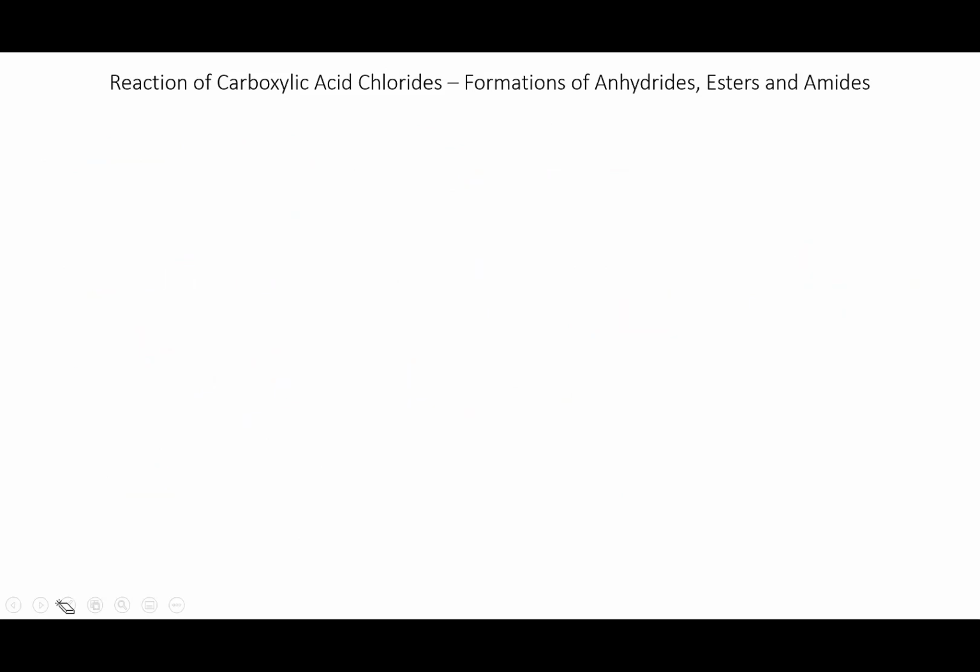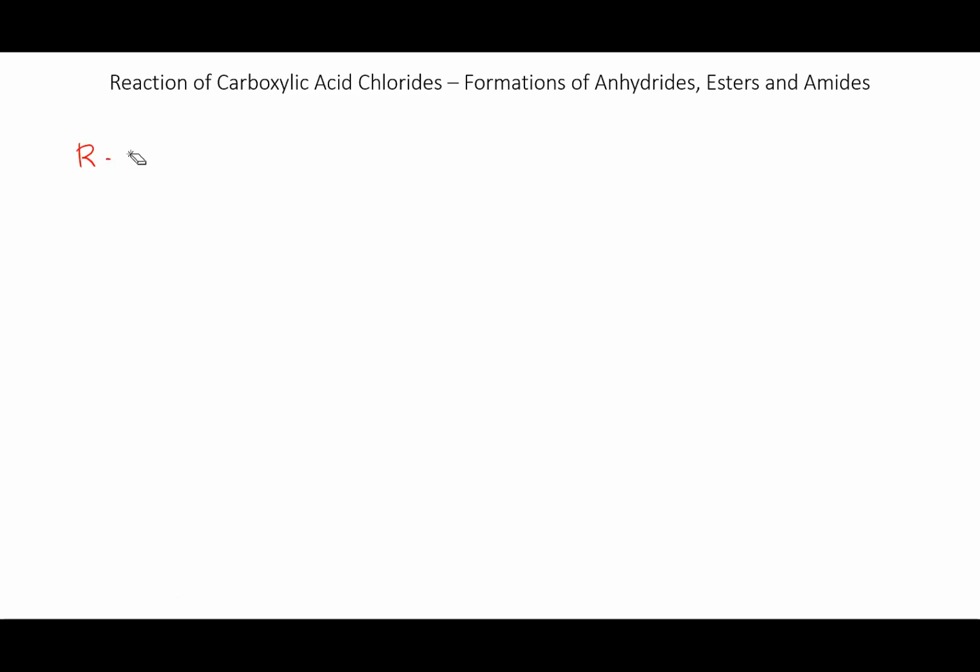Now let's talk about reactions of carboxylic acid chlorides. And in this case, we'll talk about how we can form different carboxylic acid derivatives out of this: anhydrides, esters, or amides.